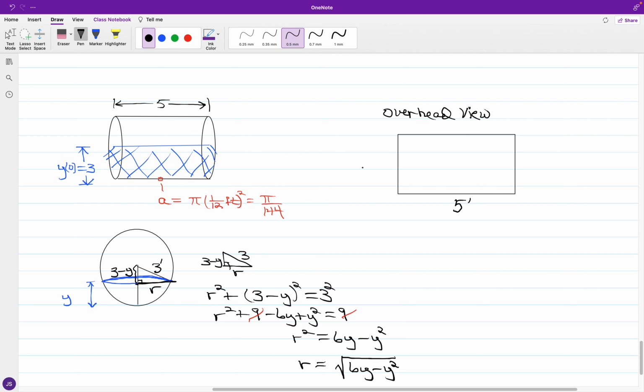For the width portion, that is the same as 2 times the radius, or the diameter of the cylindrical tank.